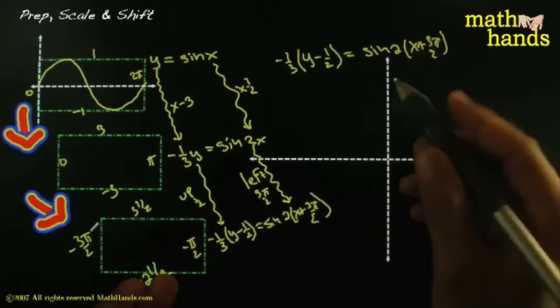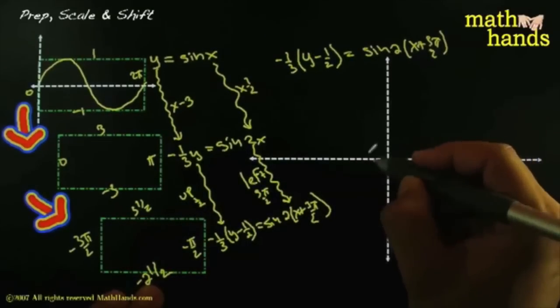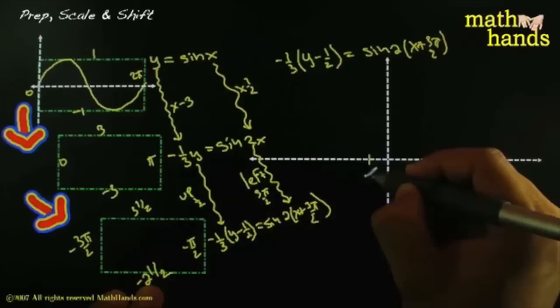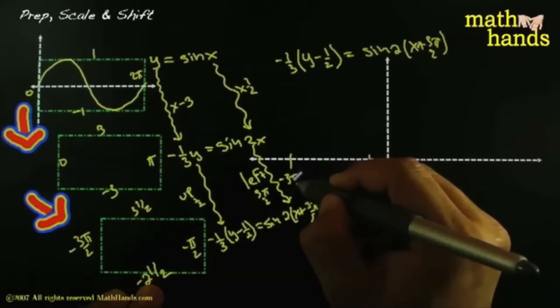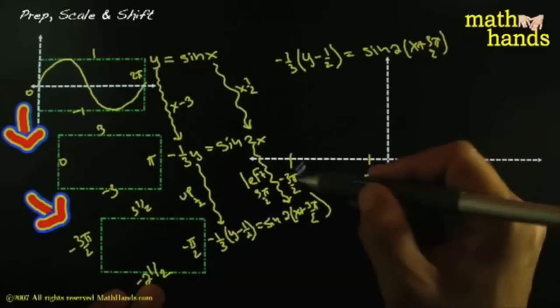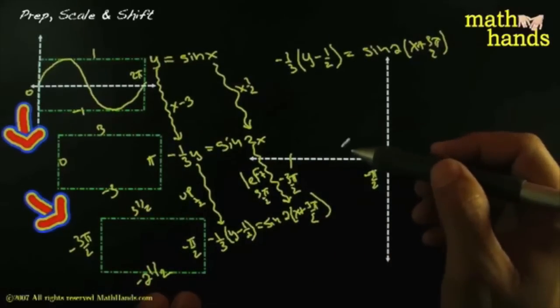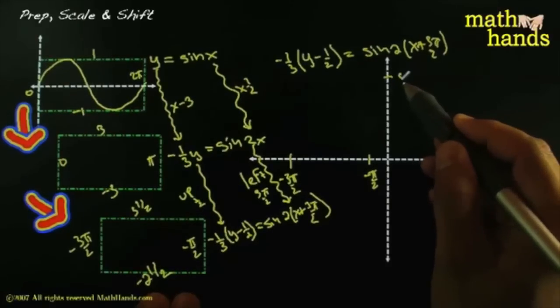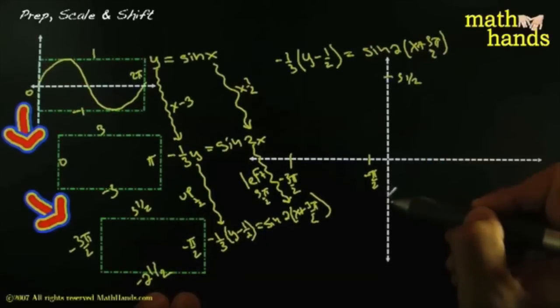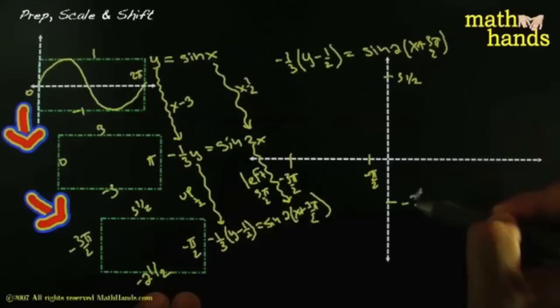And then all you do is find the points here. -pi over 2, that's about -90 degrees, by the way. -3 pi over 2, that's about -270 degrees. +3.5, that's way up here. Negative 2.5, that's way down here somewhere.